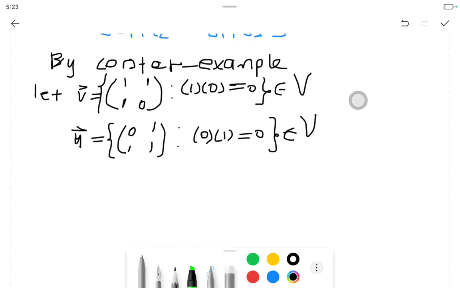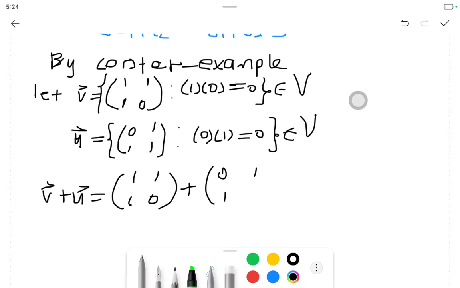We see, right? But when I add them, when I add V plus U, I'm going to get (1, 1, 1, 0) plus (0, 1, 1, 1). These two, you can put in any number. Also, this constant, you can put any number. Just use 1, 1 for simplicity, right? But we only care about these ones. As long as these ones, when you multiply, give us 0, the rest, you can choose anything.